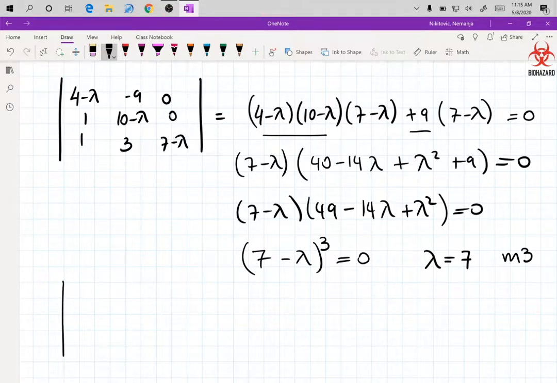So you will be subtracting 7 from 4. So we get 4 minus 7, that's negative 3, negative 9 and 0. Then we get a 1 and 3 and 0. And then we get 1 and 3, and then 7 minus lambda, that's 7 minus 7, that's a 0.